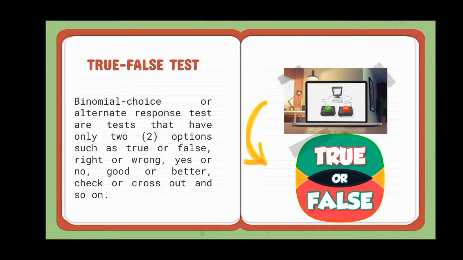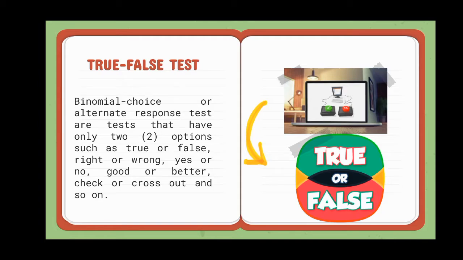A student who knows nothing of the content of the examination would have a 50% chance of getting the correct answer by sheer guesswork. Although correction for guessing formulas exist, it is best that the teacher ensures that a true or false item is able to discriminate properly between those who know and those who are just guessing.